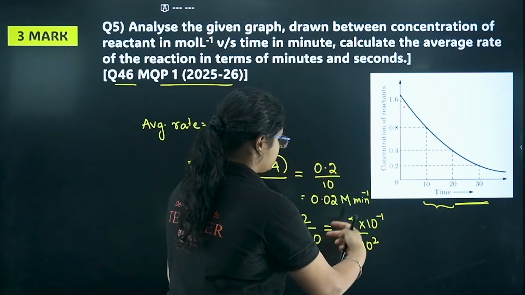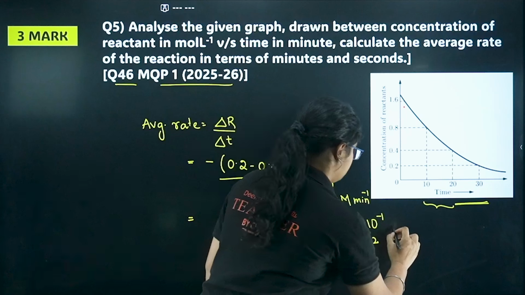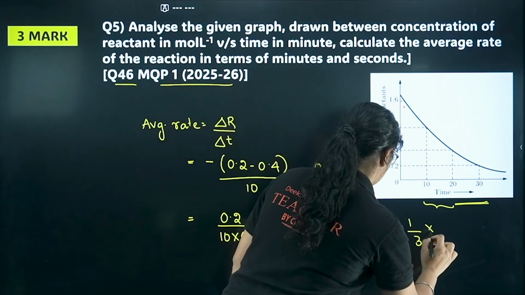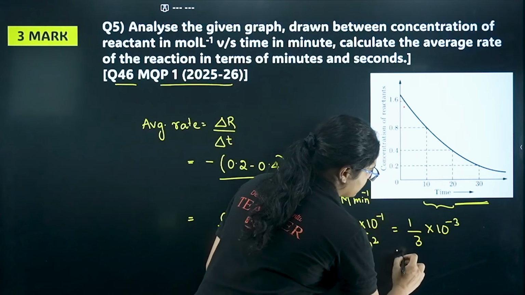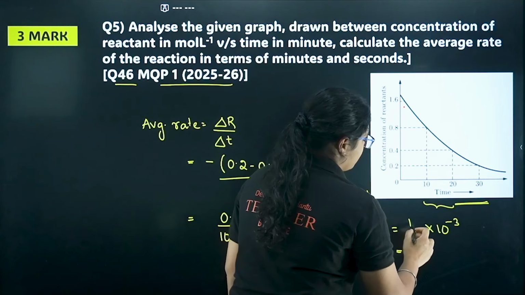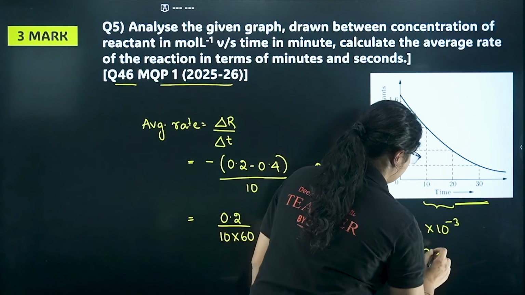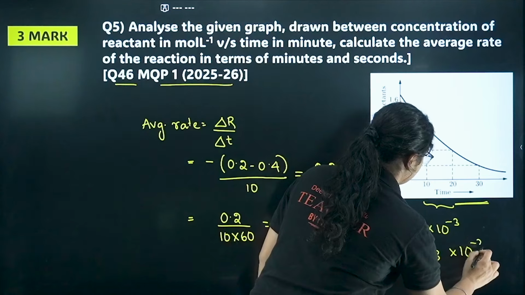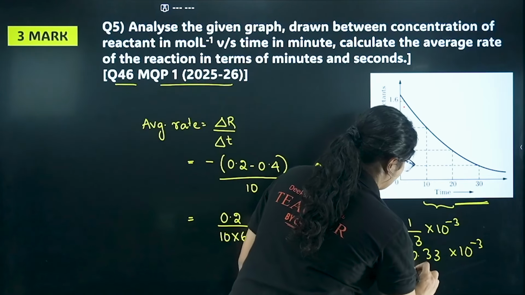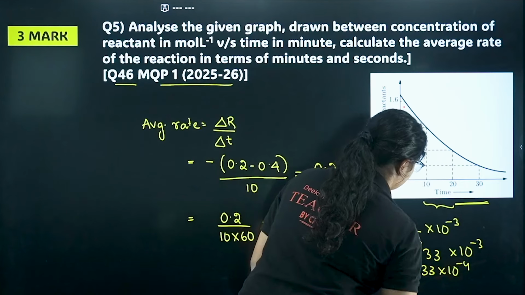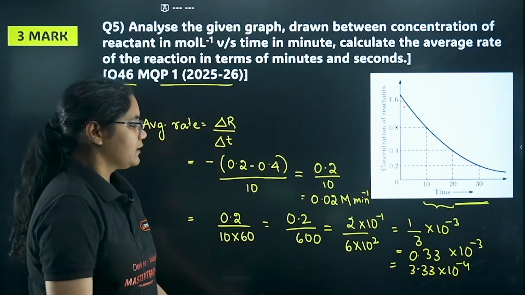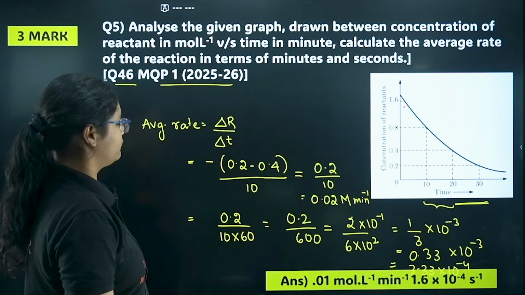Now this goes up, so we will get 1 by 3 into 10 to the power of minus 3. Now this 1 by 3 is how much? We'll get 0.333 something into 10 to the power of minus 3, or if you further calculate it, you will get 3.33 into 10 to the power of minus 4. Okay, clear?